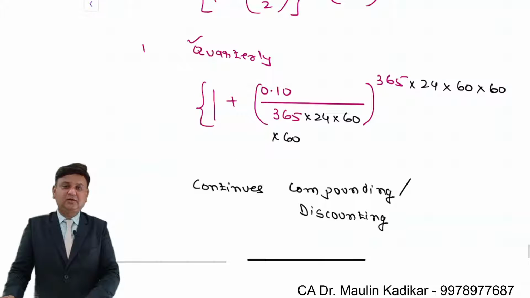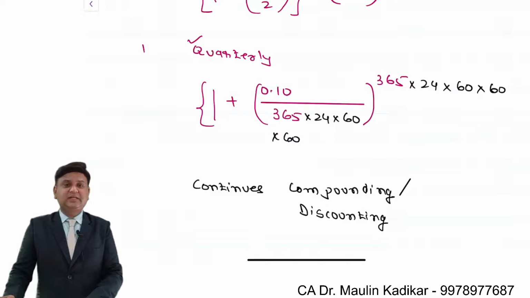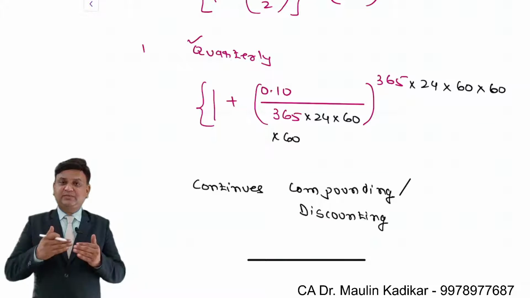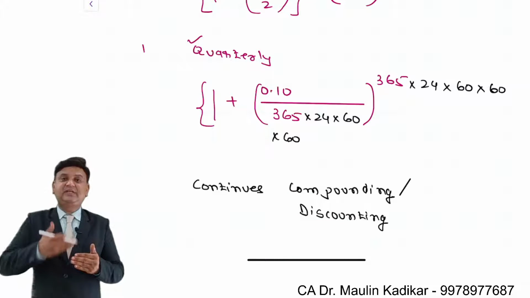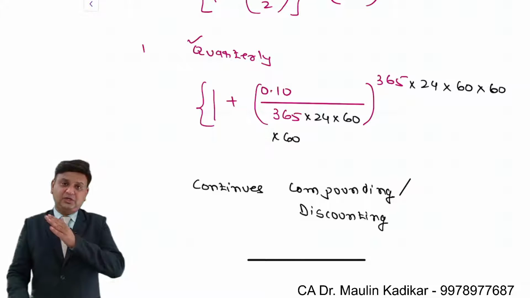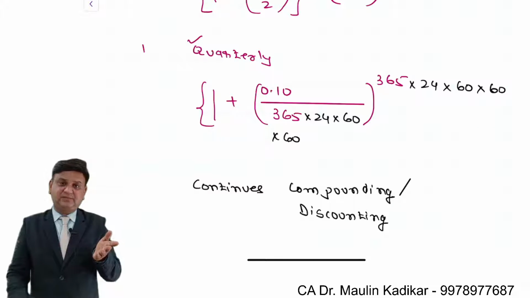Now friends, why do we have a concept like this? The reason is that the Black-Scholes model argues that the price of any security is not subject to fluctuation only after every second. The price of the security fluctuates on a constant basis.